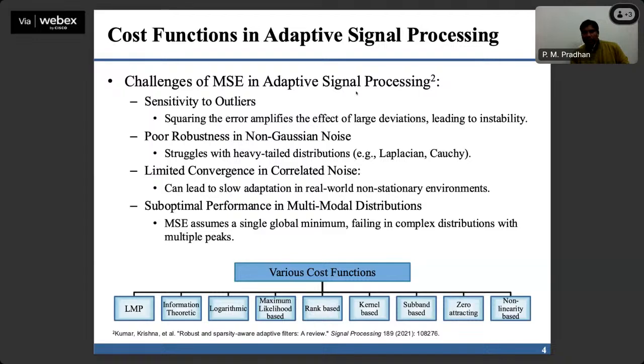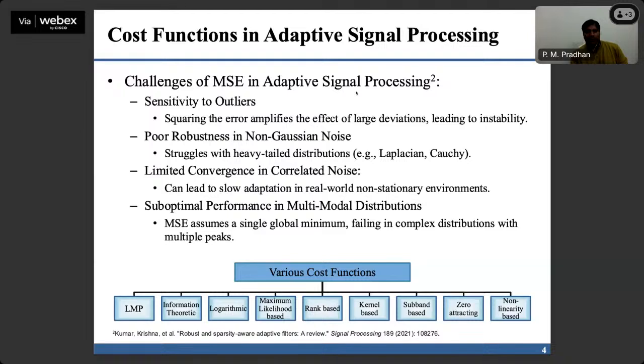But it's not necessary that the noise being observed in the system is Gaussian in nature. There are lots of applications where you see Laplacian noise being observed at the receiver end. In those scenarios, your error square cost function will give poor performance. So it has very poor robustness as far as non-Gaussian noise is concerned.